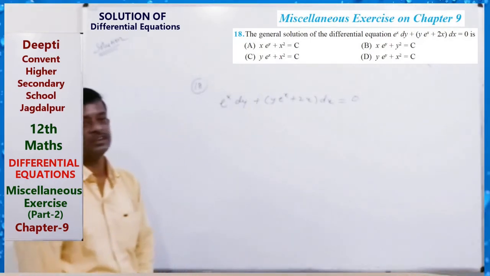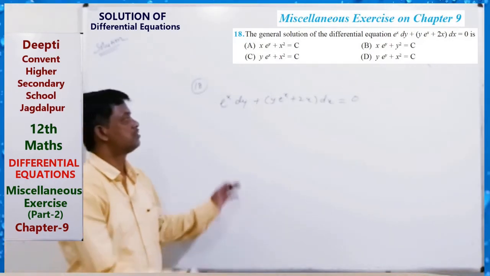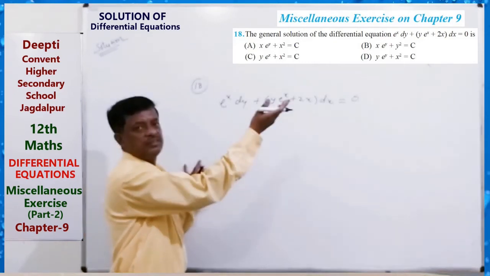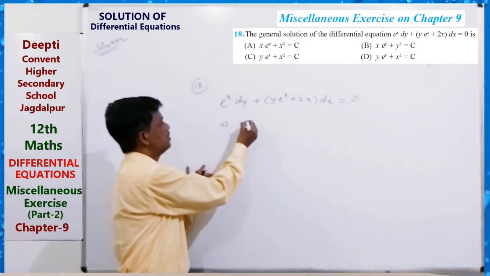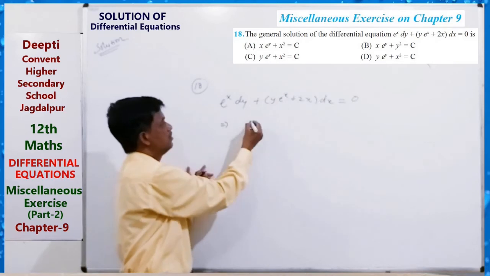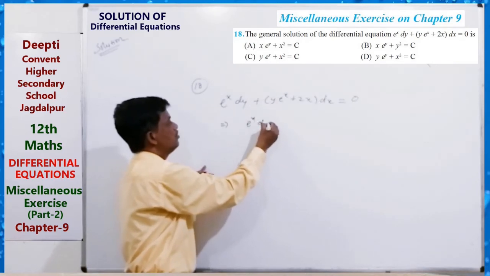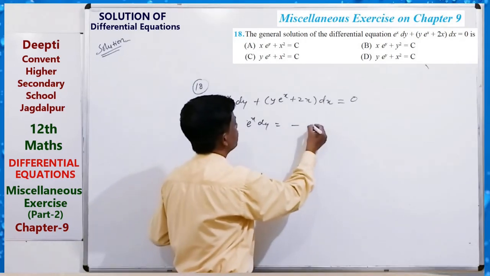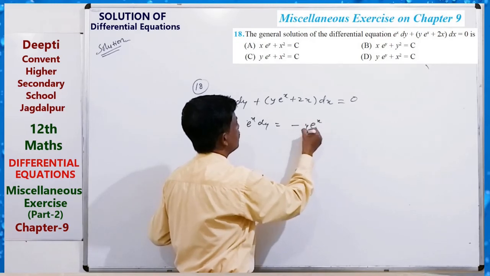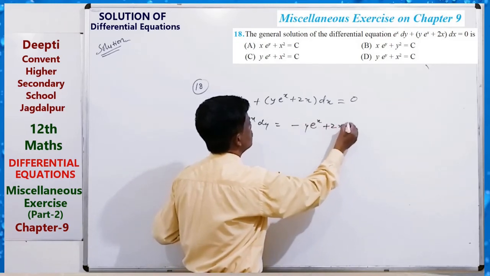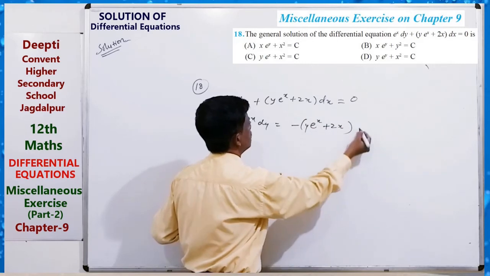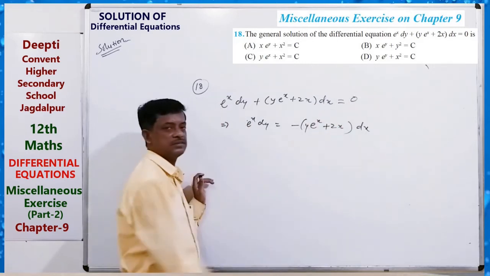We have to find its general solution. So first of all, write dy by dx. This means e to the power x dy equals minus (y e to the power x plus 2x) dx. Just transfer to the right hand side.